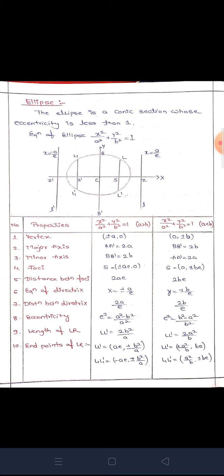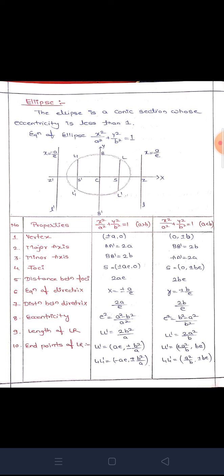First, we have x squared divided by a squared plus y squared divided by b squared equals 1. In the second column, you can see if a is greater than b, then you have to apply this formula.